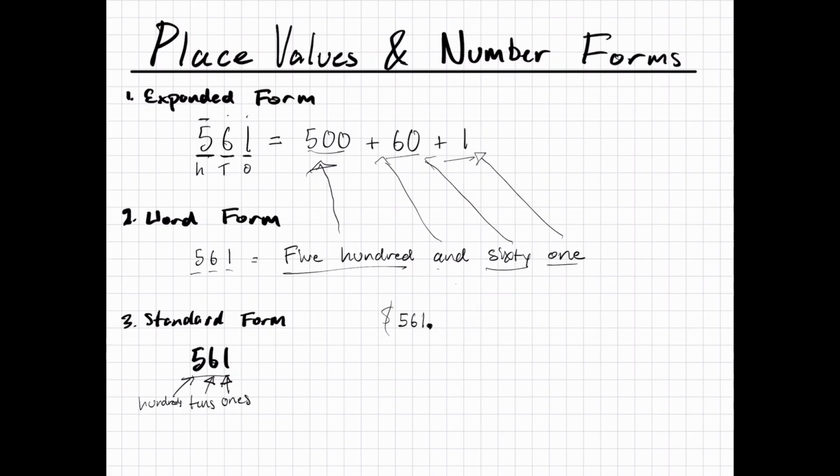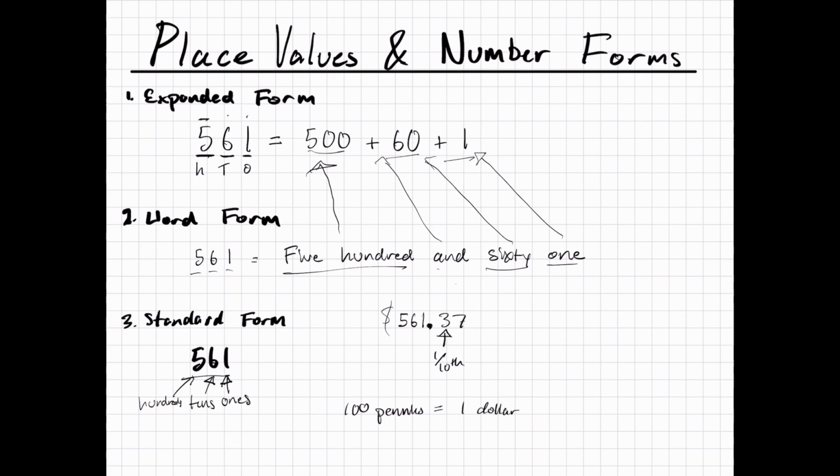Okay, because we're at $561, and let's say we spend another 37 cents. Okay, what does this mean? Well, this is the 1/10ths place. So this 3 represents 1/10 of a dollar. Okay, remember we know 100 pennies equals $1.